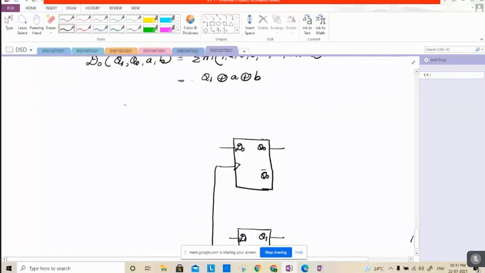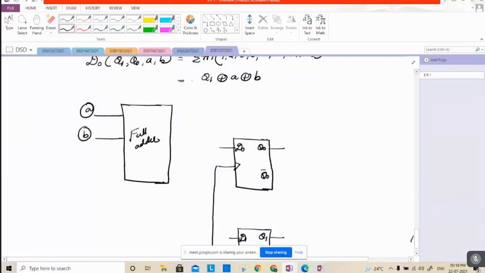If you take a full adder block, one of the inputs is A, another input is B. What is another input for this? Q1. So Q1 is available here.